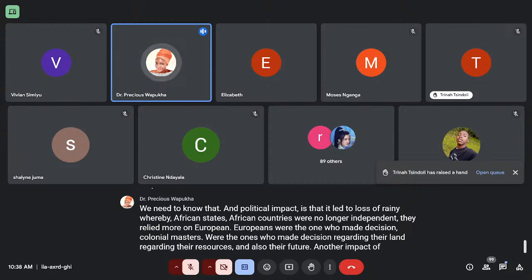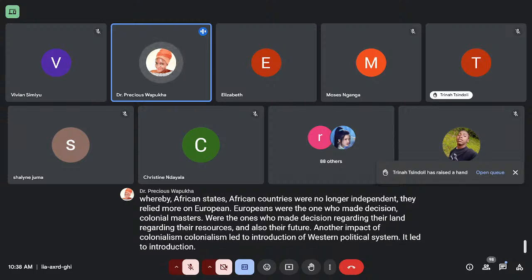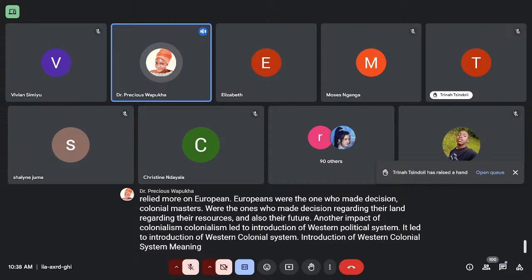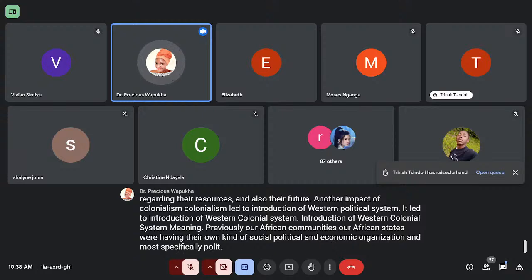Another impact is that colonialism led to the introduction of a Western political system, meaning previously our African communities had their own kind of social, political, and economic organization, more specifically political organization.